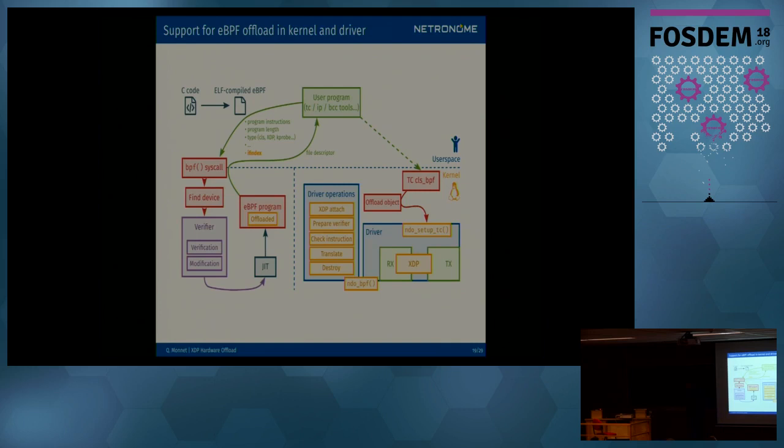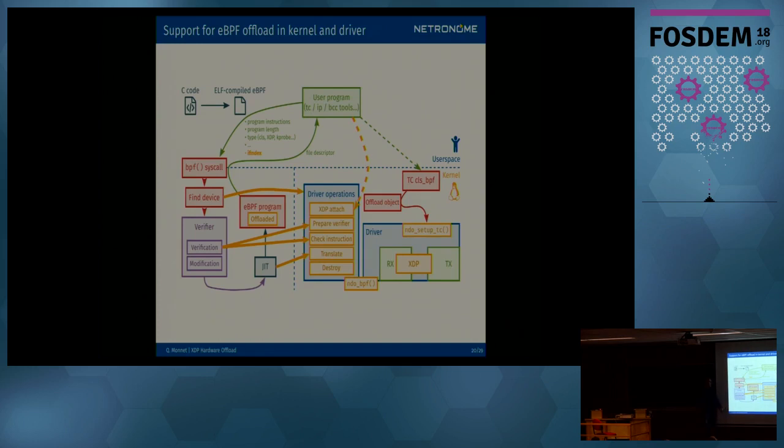We have those operations made available with the BPF NDO. And what happens is that when the program is offloaded, the kernel will first try to find, from the IF index, for which device the program is to be offloaded, and to get the list of those operations.